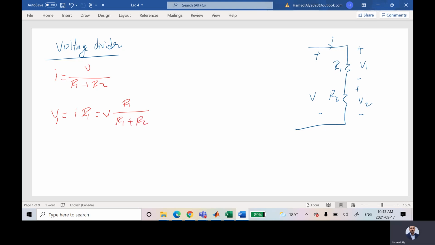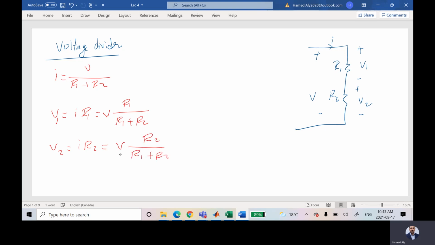Am I right, Benjamin? I substituted in the equation only, right? If I repeat the same for V2, I can say V2 is equal to I times R2, which is equal to V times R2 over R1 plus R2.